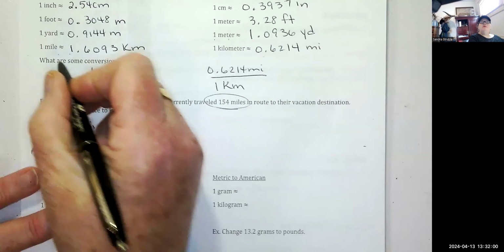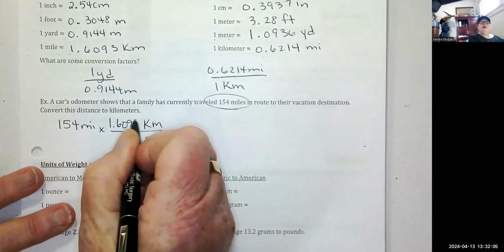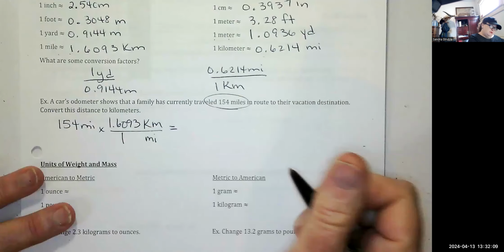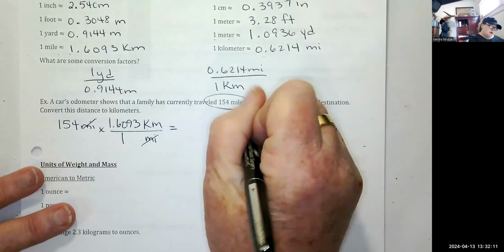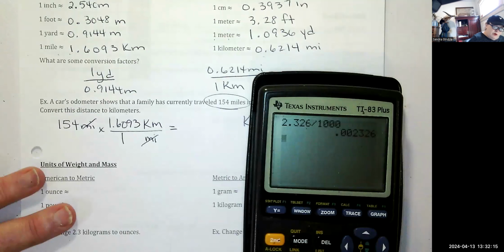So I'm going to say that 1 mile is equivalent to 1.6093 kilometers. Okay. That is equal to, miles are gone. I'm left with kilometers, which is what I want. And I just need to multiply 154 times 1.6093.